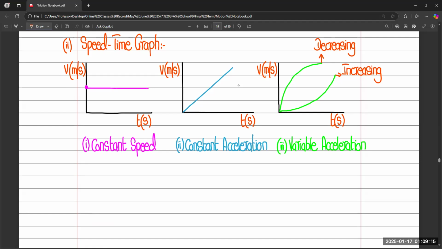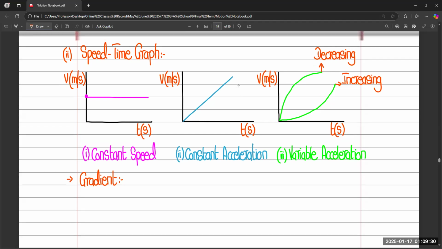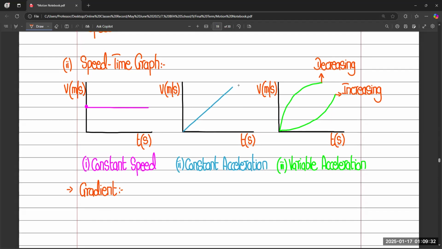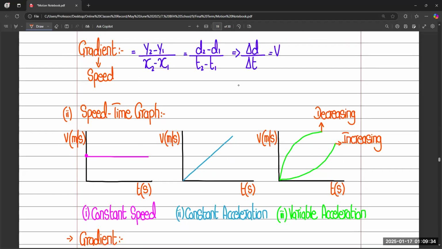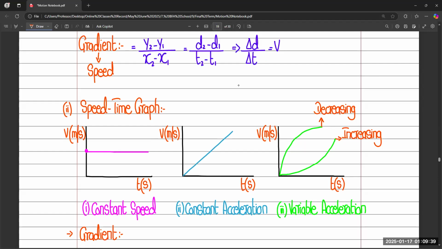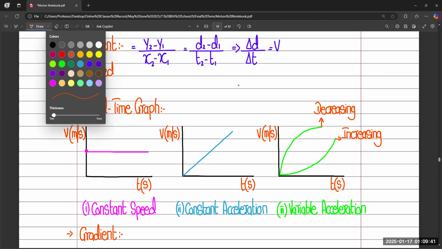In the same way, if we talk about the gradient, if we find the gradient from the graph, what is its value? In the previous one we discussed it is distance over time, right? And in the second one, we have speed over time.